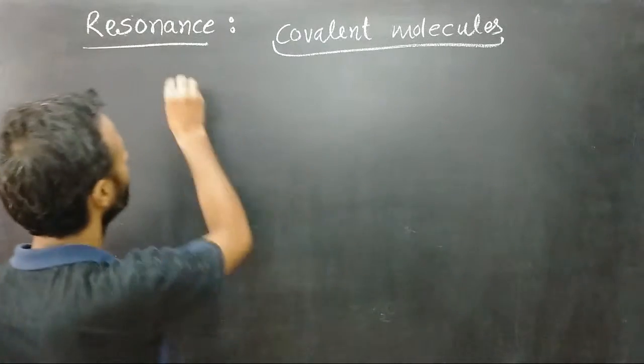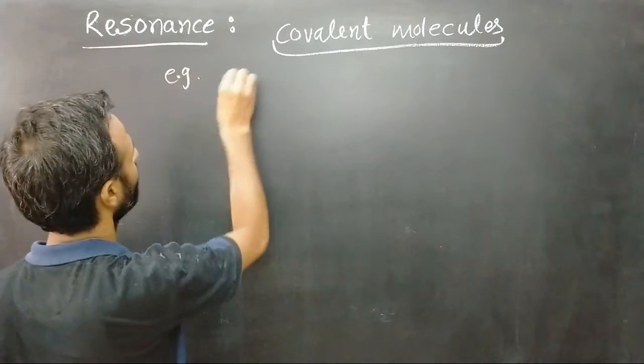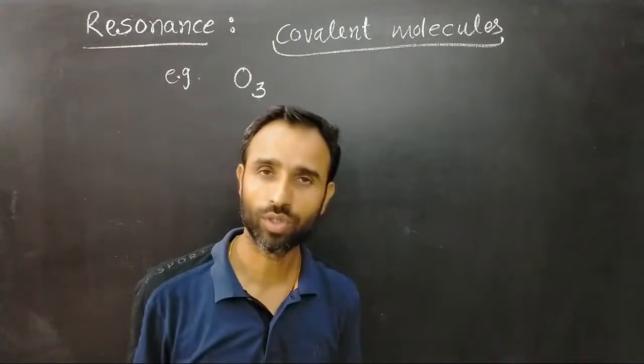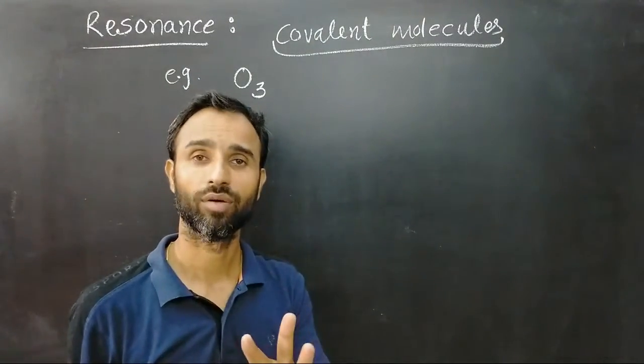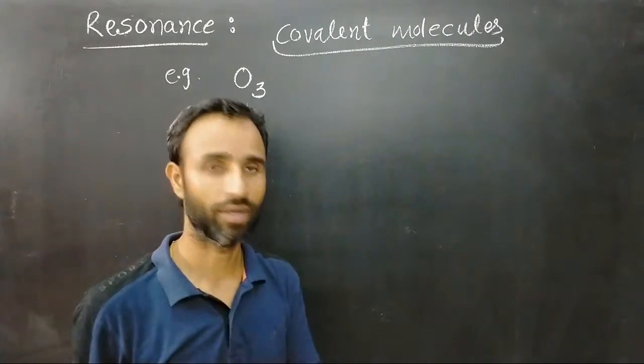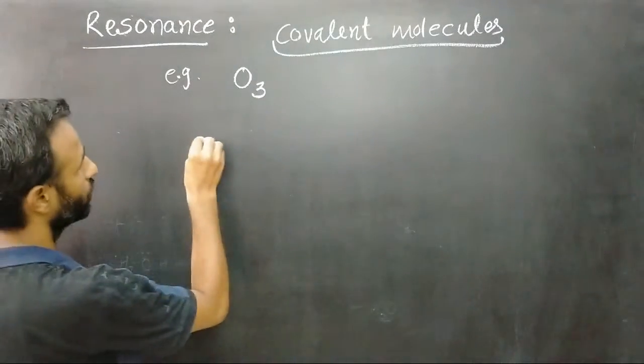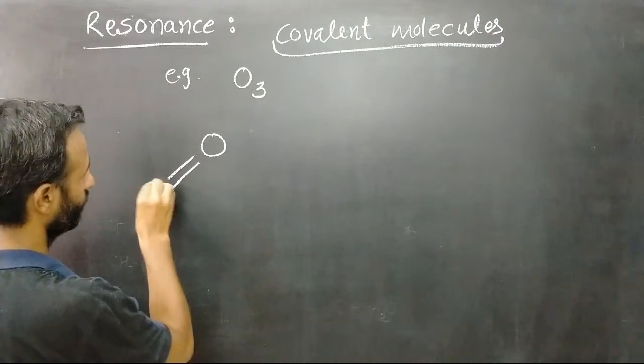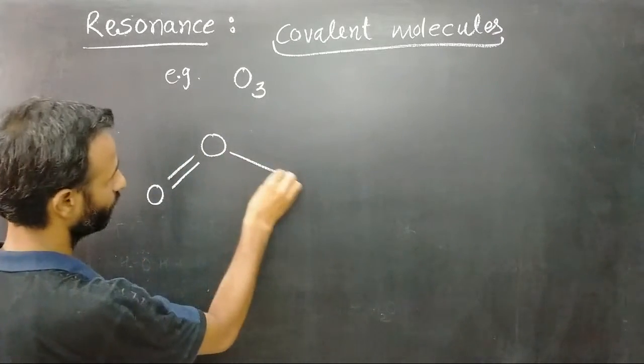For example, take an example like ozone. In ozone, there are 3 bond pairs and the rest are lone pairs. So, ozone is represented like this.